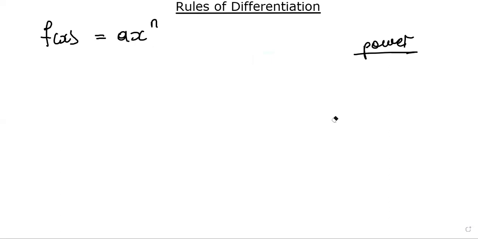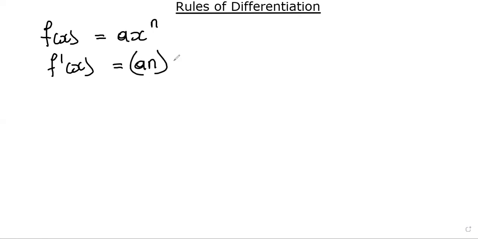Now, if this is how we define the function f of x, then this is how we find the derivative of f of x. We take the exponent and multiply it by the coefficient of x. And then we take x, then we subtract 1 from its exponent.